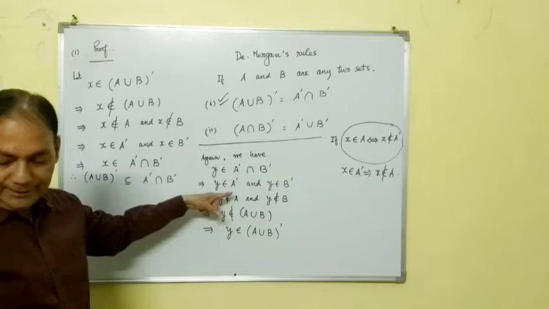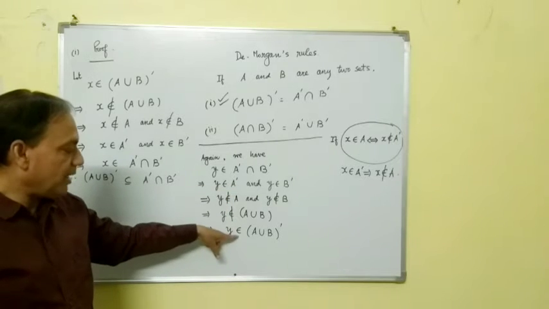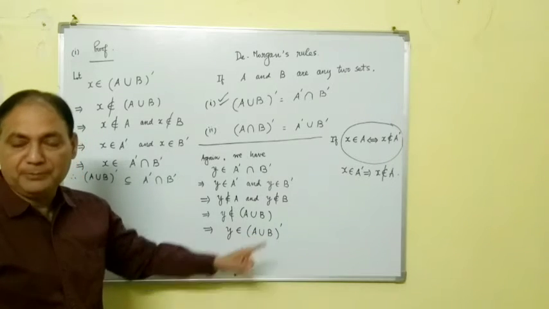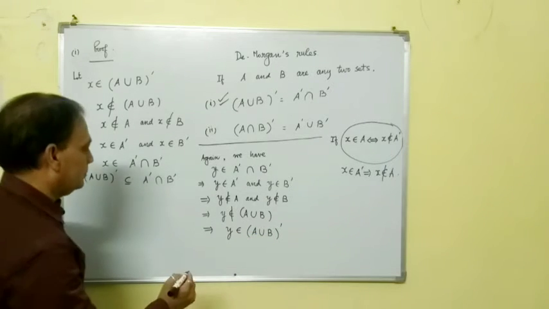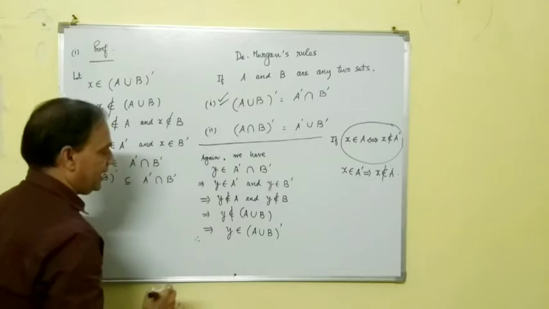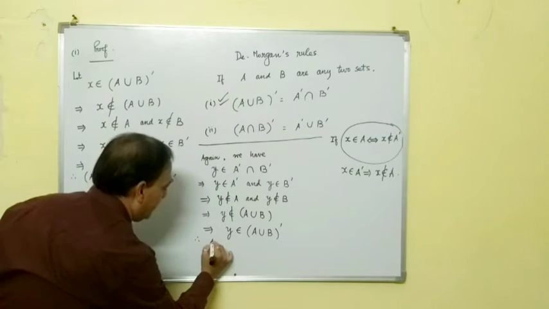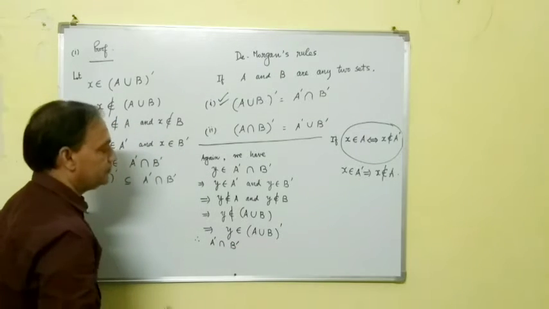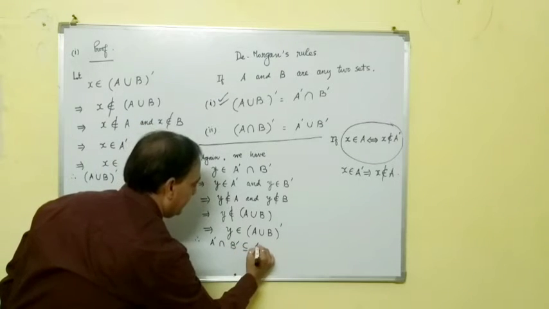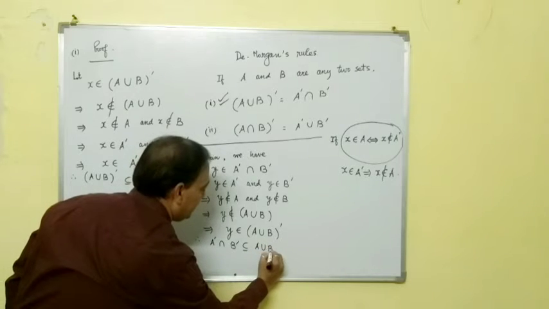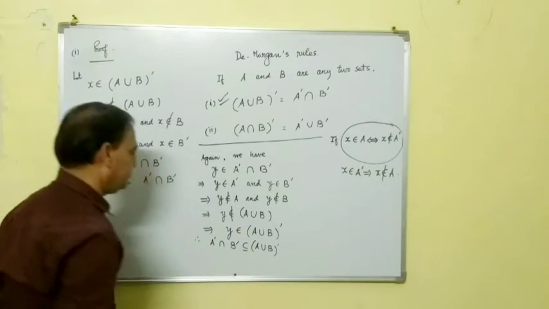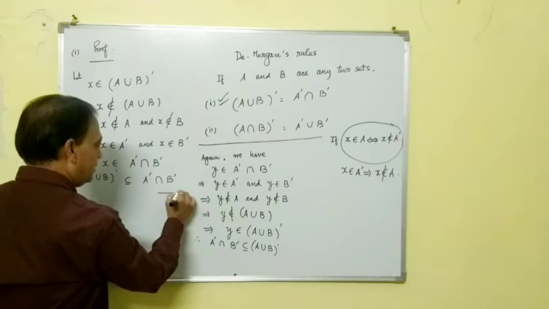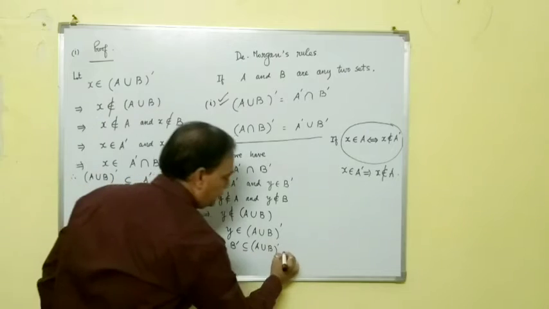We infer that y belongs to complement of A union B. So therefore we write A complement intersection B complement is a subset of complement of A union B. And this is 1, this is 2.